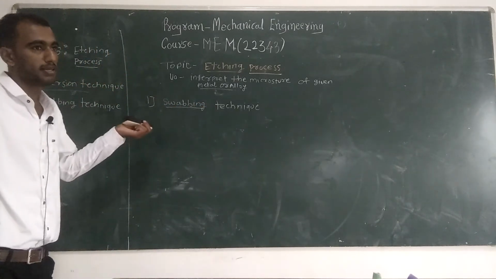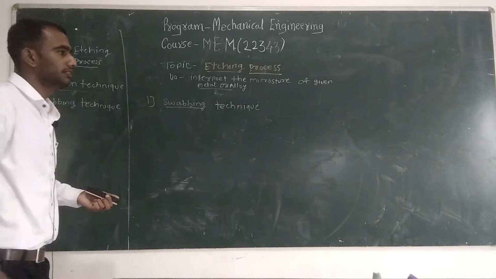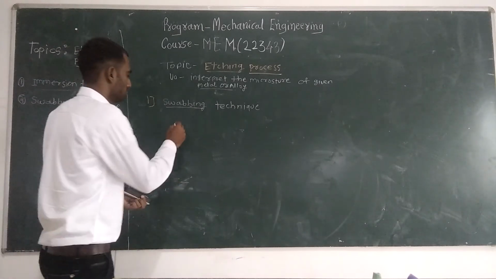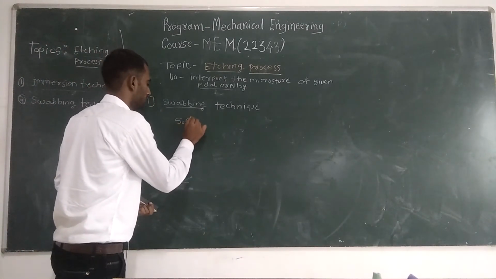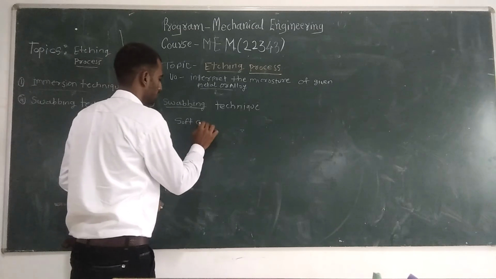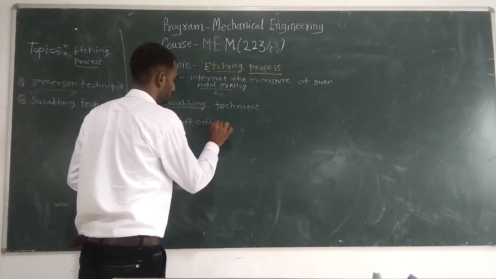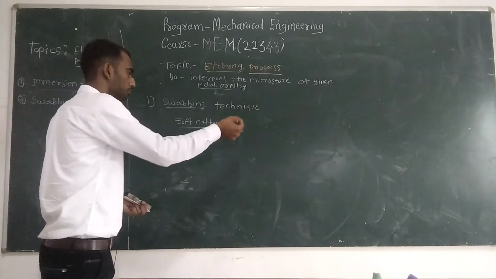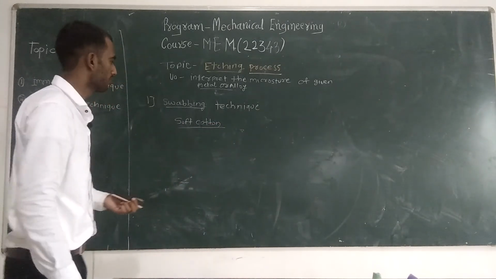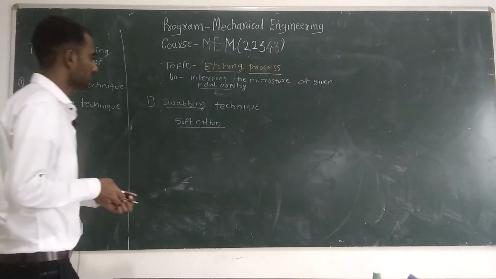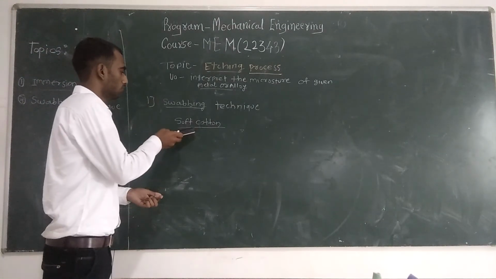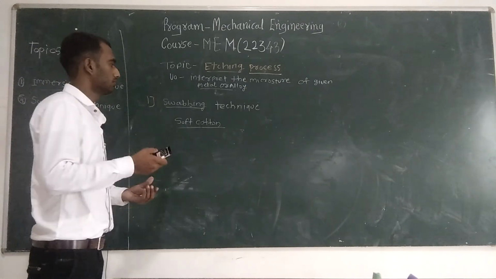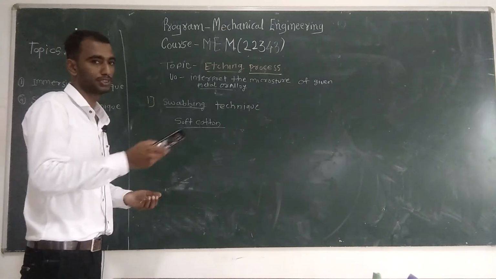This technique is similar to the immersion technique, only in the swabbing technique soft cotton cloth is used for swabbing the surface of the specimen. Then the progress of this etching process is observed while swabbing the specimen.